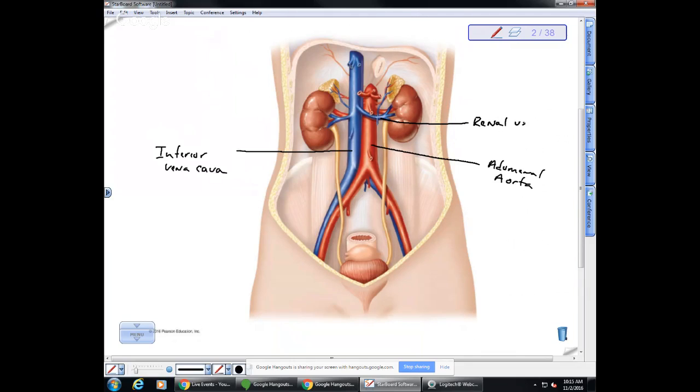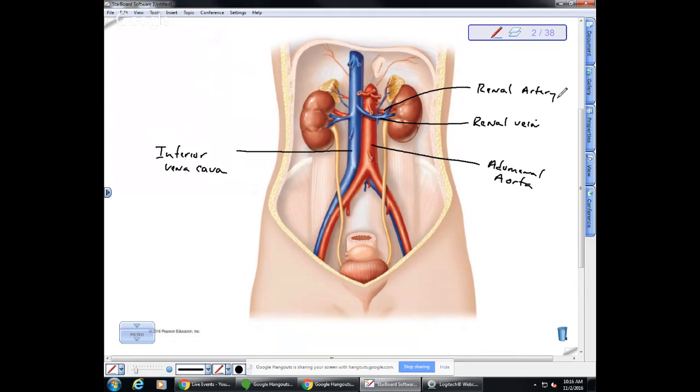I know yours is not blue, but it would be the one that's on top, okay? And then underneath that, the red one is the renal artery. So the kidney plays a huge role in filtering the blood, right? And by filtering, it has the ability to regulate the body fluids as well.